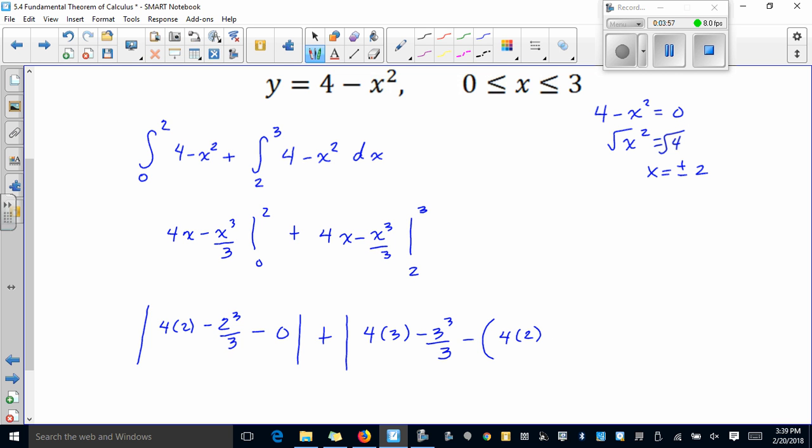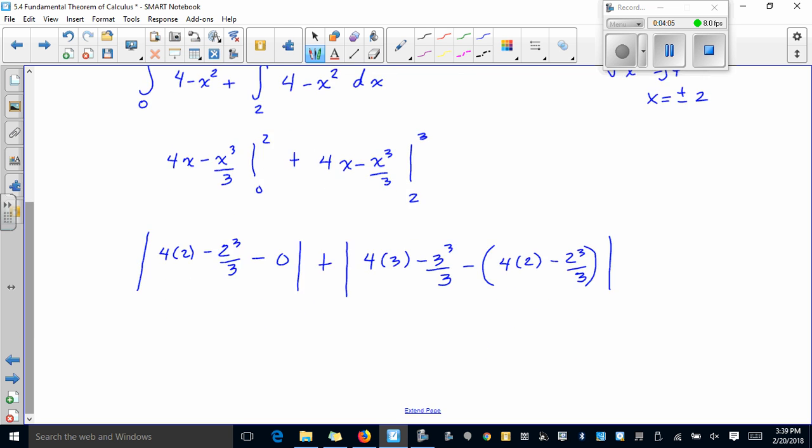So I'm going to get the absolute value of 8 minus 8 over 3 plus, this is going to give me 12 minus, 3 cubed is 27, and 27 divided by 3 is 9, so 12 minus 9 minus your 8 minus 8 over 3.